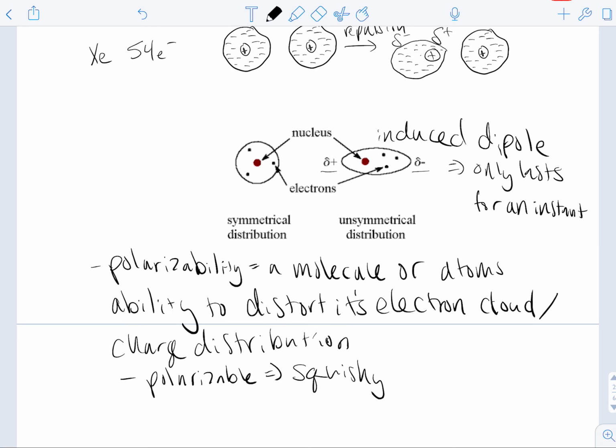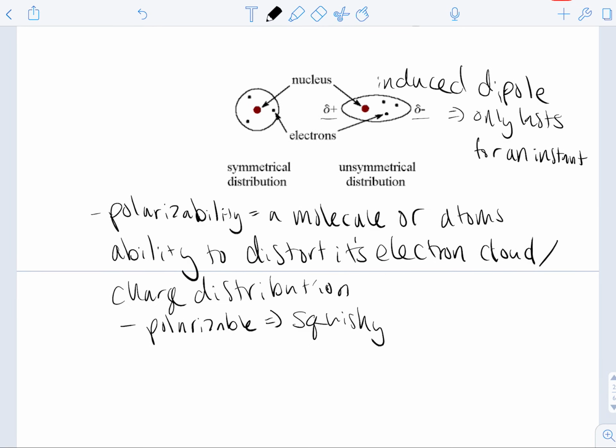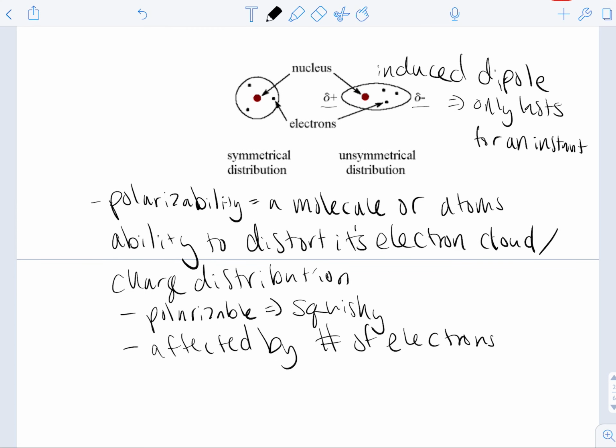Some things that affect our polarizability and our ability to induce a dipole are the number of electrons. With more electrons, it is easier to distort those electrons in one direction or another, and also the distance the electrons are from the nucleus.